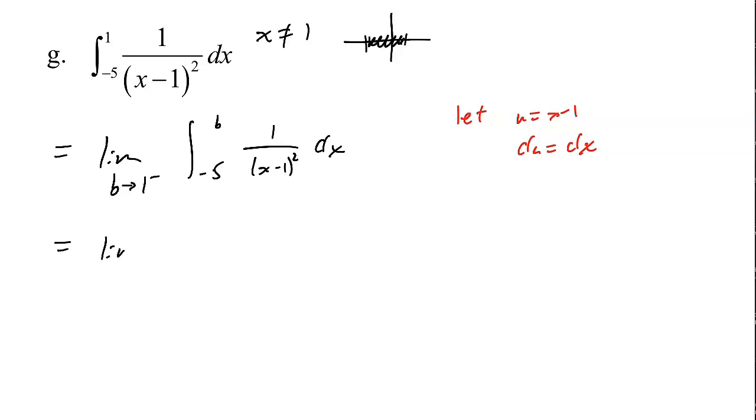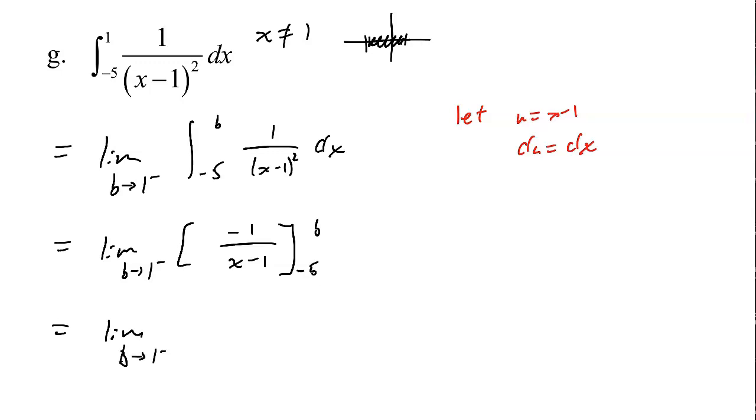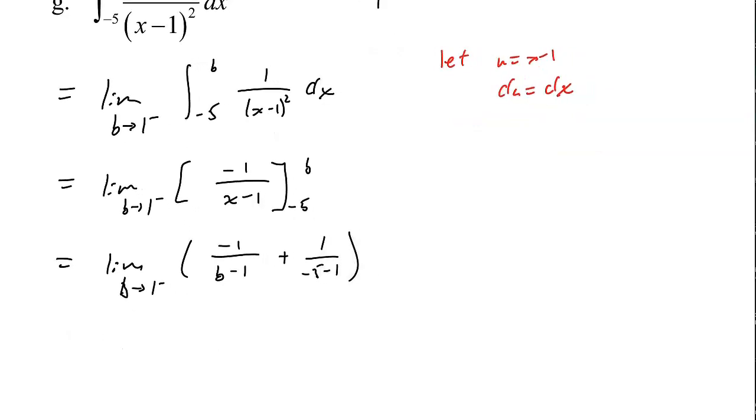So the antiderivative of 1 over u squared is -1 over u. So this is just -1 over x minus 1 from -5 to b. So limit as b approaches 1 from the left, -1 over b minus 1 plus 1 over -5 minus 1. All right, now I need to think about the graph of -1 over x minus 1.